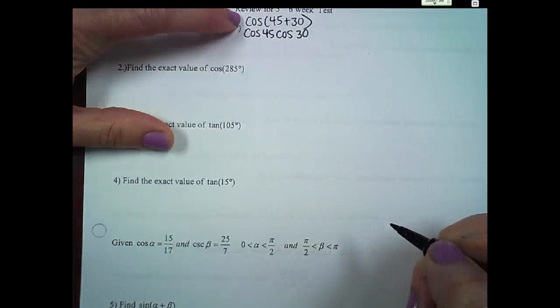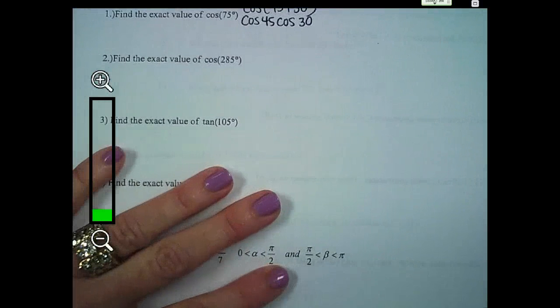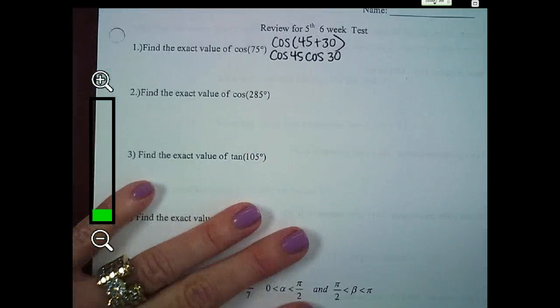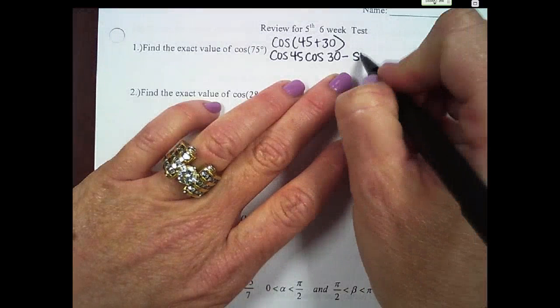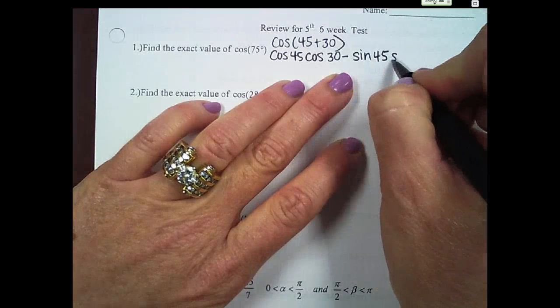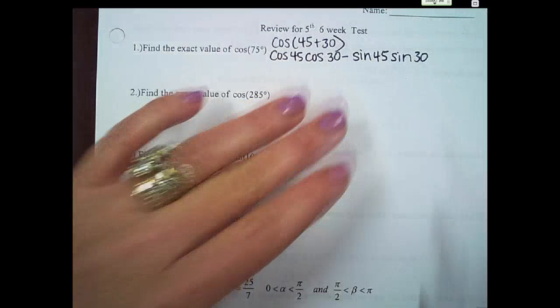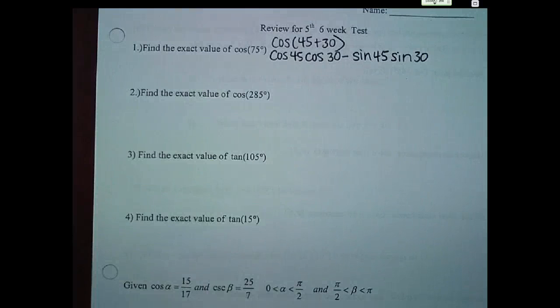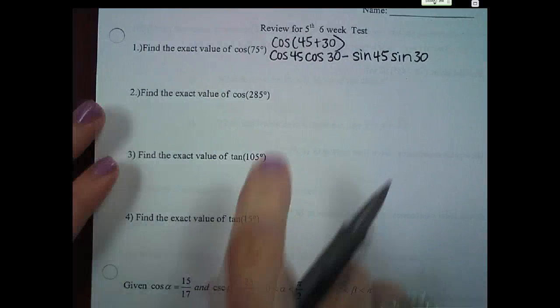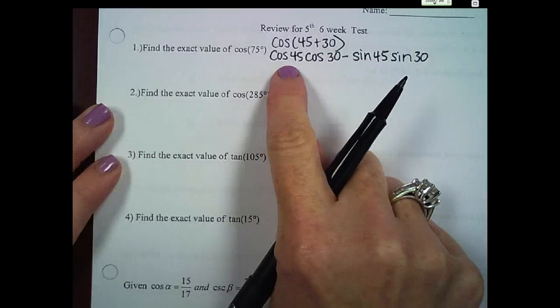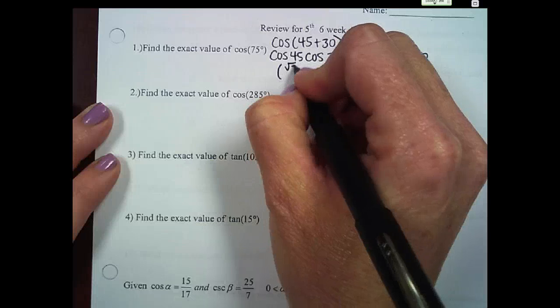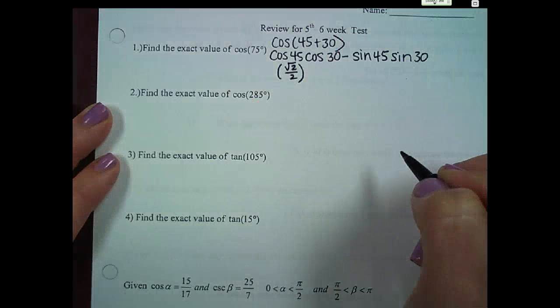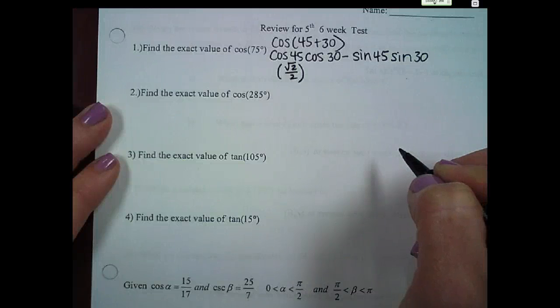And remember, we changed the sign, so then we made minus sine of 45 sine of 30. And then we found each value on the unit circle. So you take your unit circle out and find the value at cosine of 45, and you get root 2 over 2. You find the value of cosine of 30, and you get root 3 over 2.